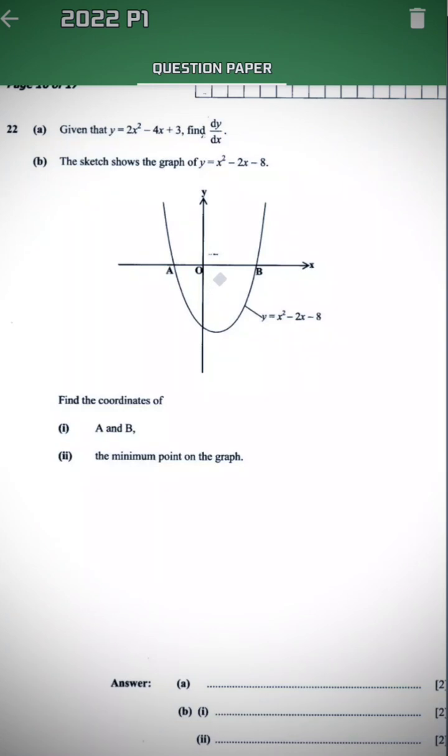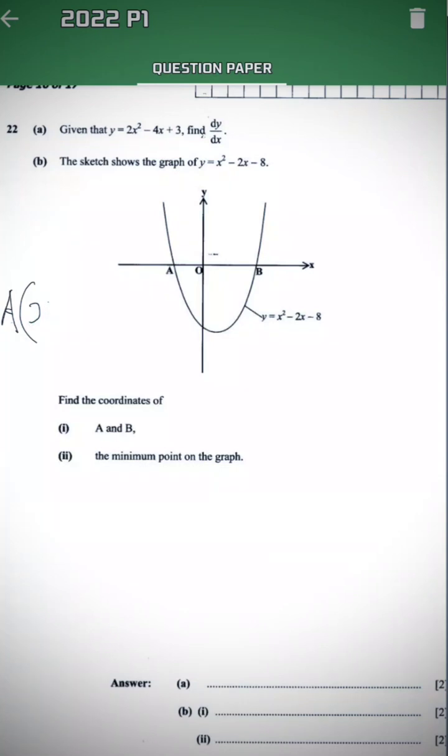How can you find the coordinates of A and B? In which way can we find them? This is what you need to do. The coordinate of A is like this. You know that A is on the x-axis.